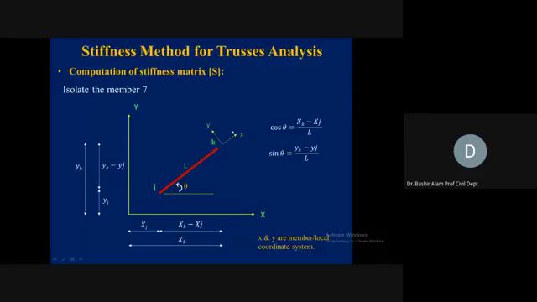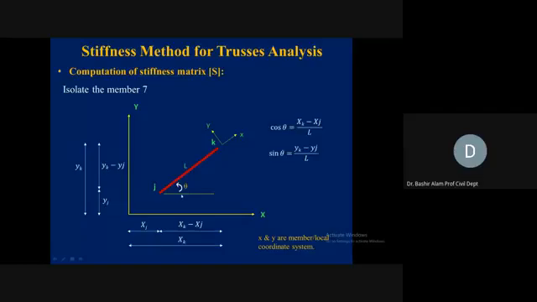This is now the local axis system. Here you see the x-axis of the member axis, and this is the y-axis of this local or member axis. So here you see for the member x-axis and its y-axis. This is the local axis system. And here this one, horizontal and vertical, this is the global axis system now.